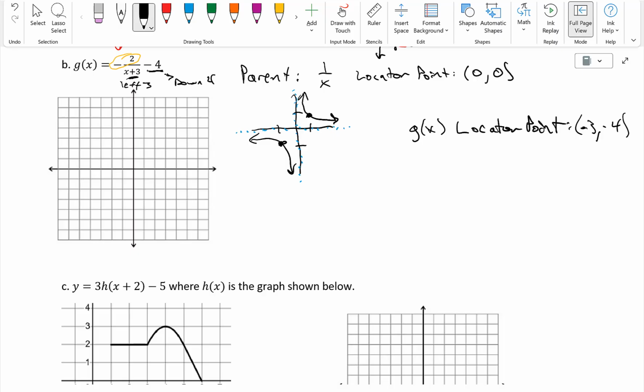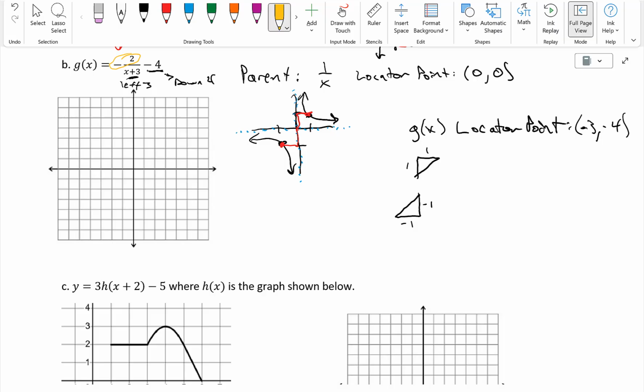So if 0, 0 is our locator point for the original, we're going up 1 over 1 to get to that point we can follow, that 1, 1, and down 1, left 1 to get to the minus 1, minus 1. So we'd have a slope triangle that looks like this, 1, 1, and we can do the one going down just to transform both. That's a minus 1, minus 1, right? We went down and then left.